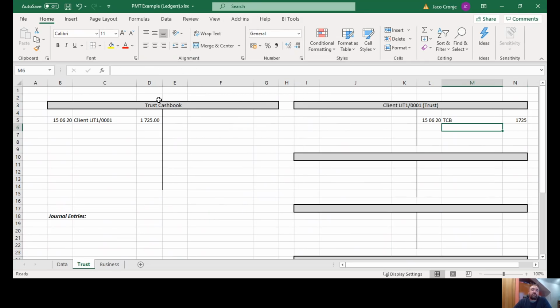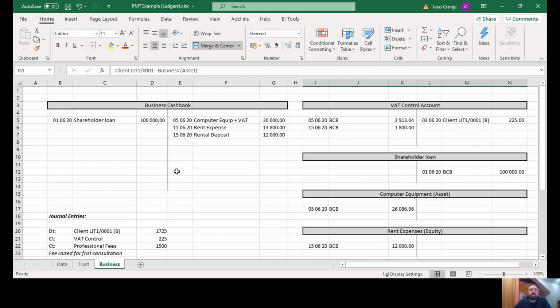Will my trust cash book increase or decrease on a trust to business transfer? The answer is it will decrease. So it means I'm going to credit my trust cash book by that amount there. My date was the 20th of June 2020. And now a trust to business transfer is the only transaction in the world that can have one leg on the credit page and its other leg on the debit page, because I pay it from my trust.